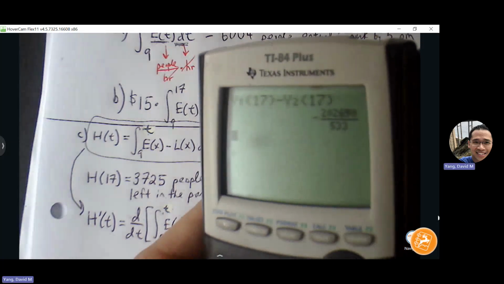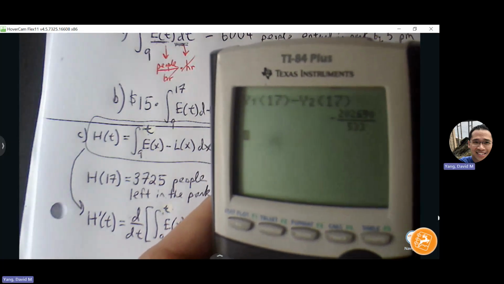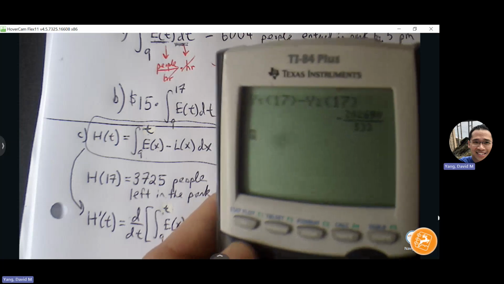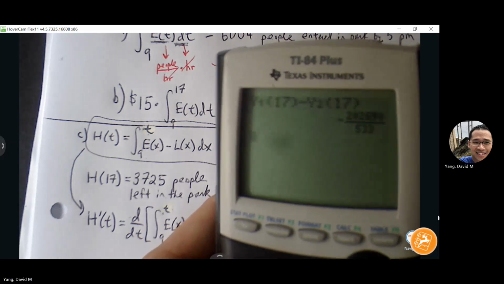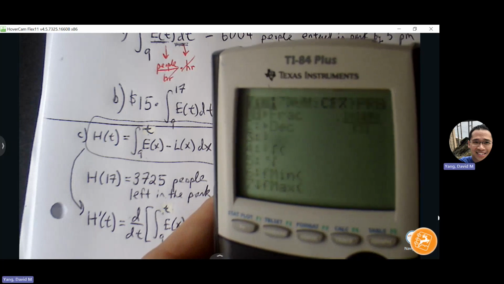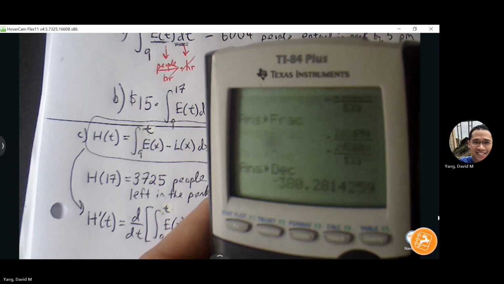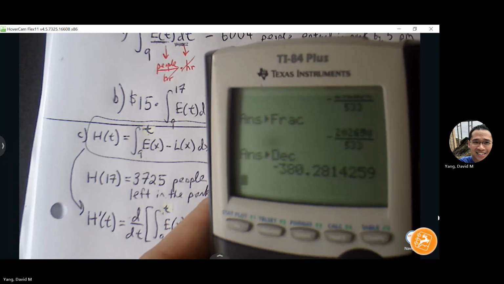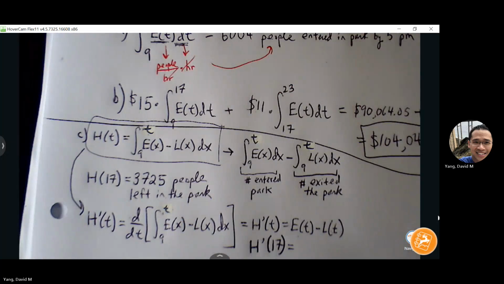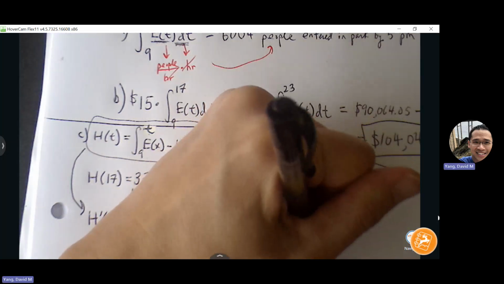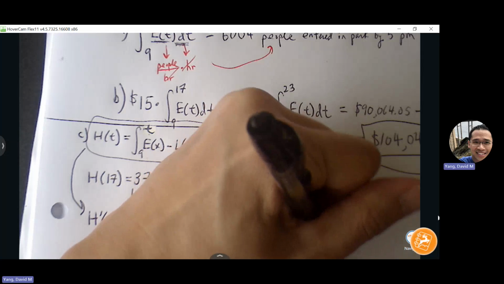It gives me a messy fraction. I prefer a decimal here, so I'll do math decimal. So we get negative 380.28.